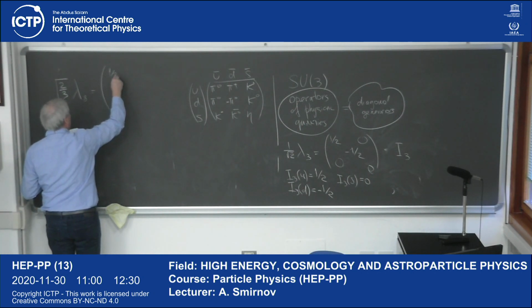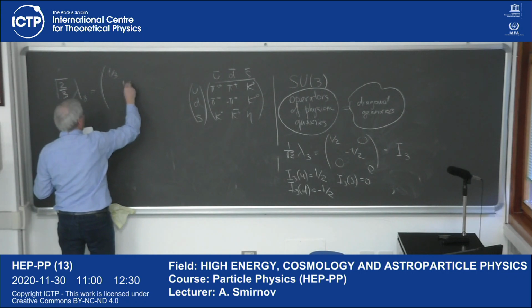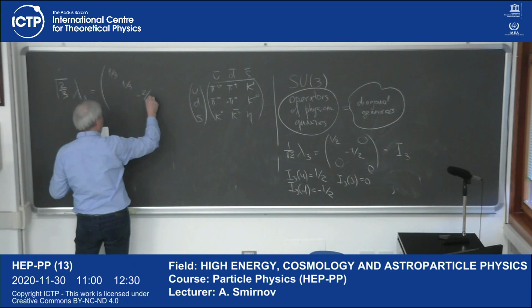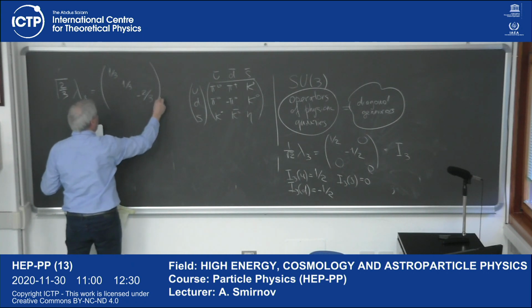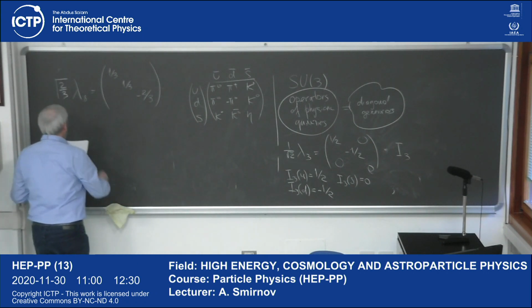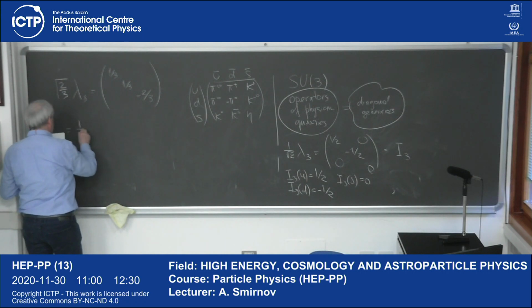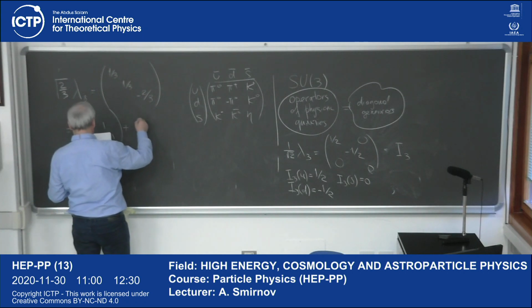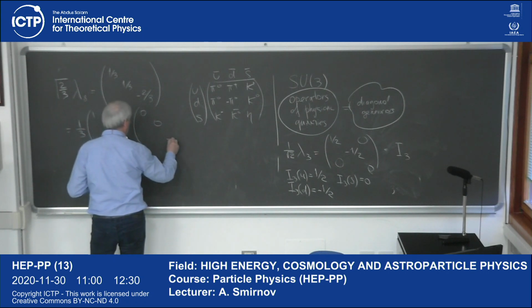It's 1/3, 1/3, and this is minus 2/3. This can be written as 1/3 times (1, 1, 1) plus (0, 0, minus 1).